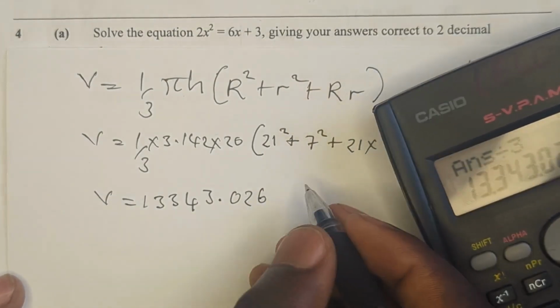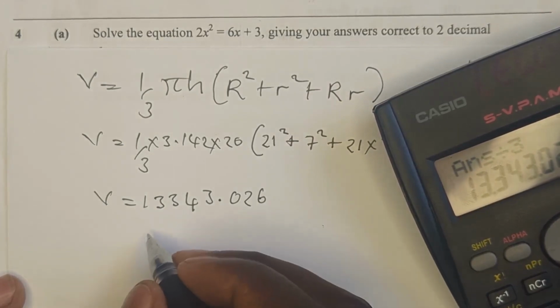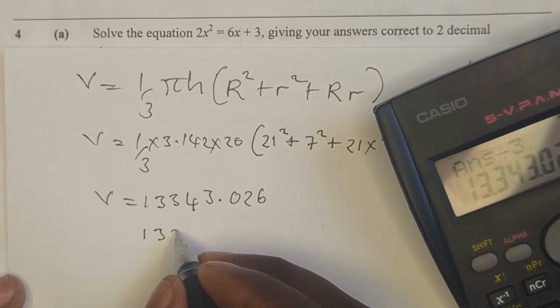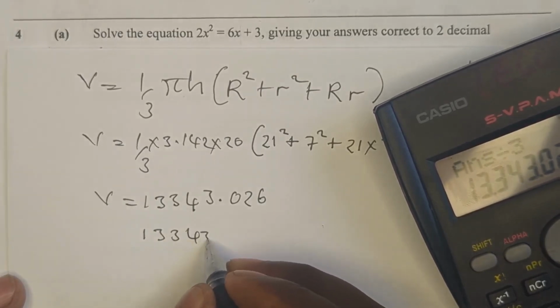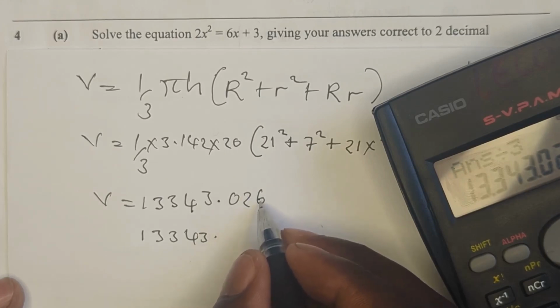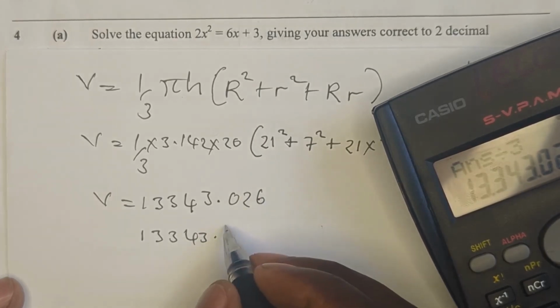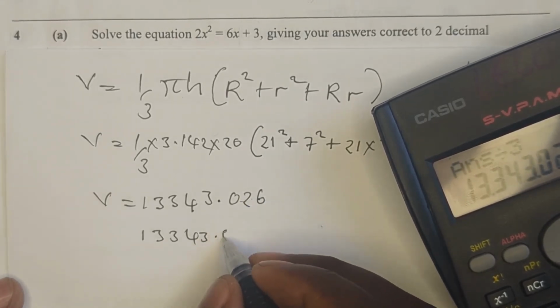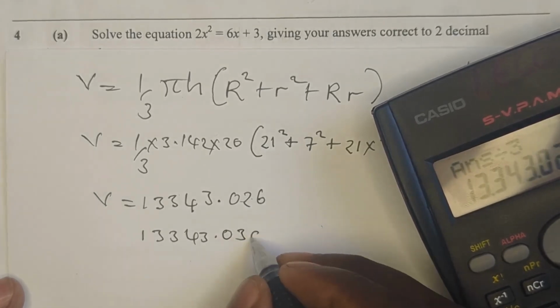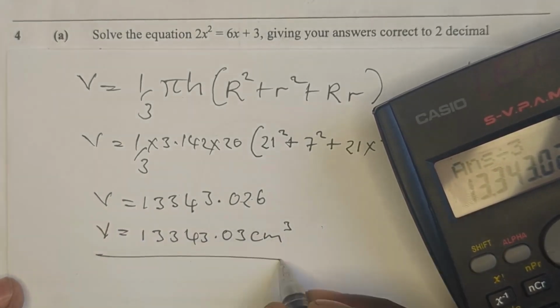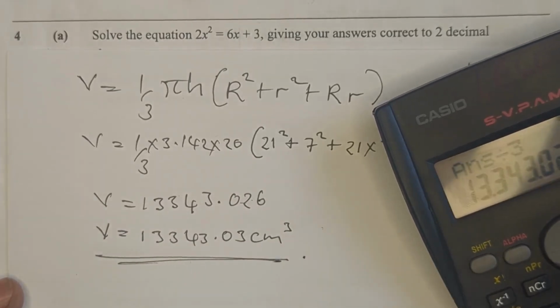We can round it off to 2 decimal places. The figure after the 2 is bigger than 5, so we borrow 1 from the 6 and add it to the 2, so this will be 13,343.03 cubic centimeter. So this is the volume of a frustum. This is how we calculate the volume of a frustum.